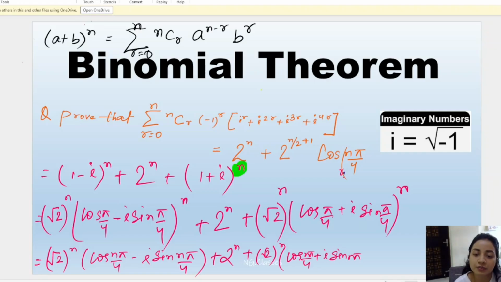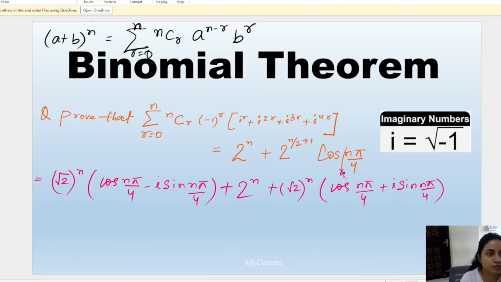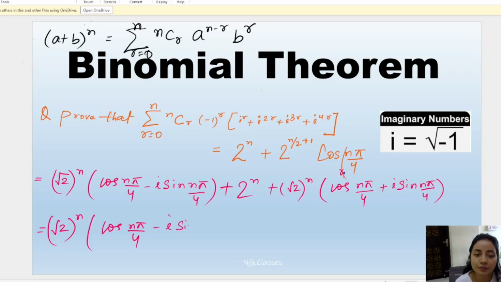Now let's take root 2 to the power n common and let's see what we are getting. If we take root 2 to the power n common, we are getting cos n pi by 4 minus i sin n pi by 4, plus, I am taking the last part as well.